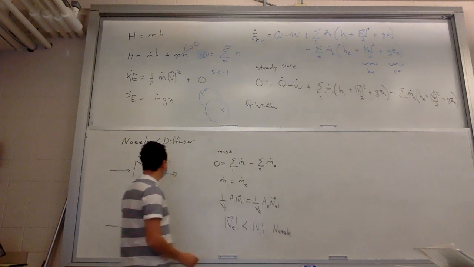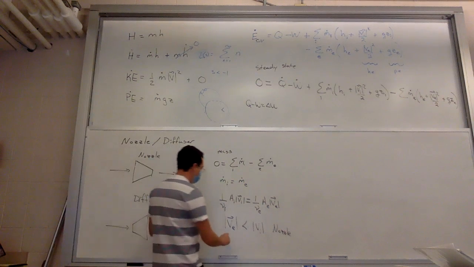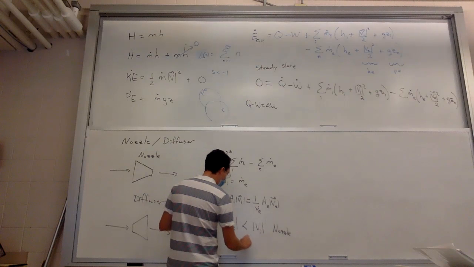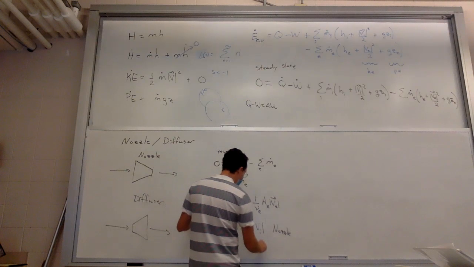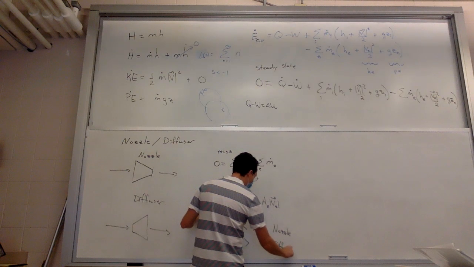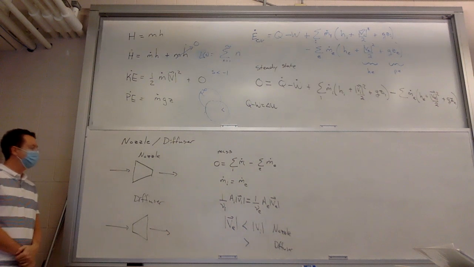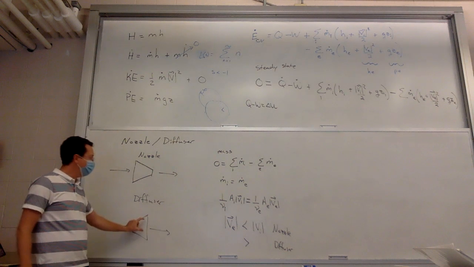And what about a diffuser? It's just reversed, right? Should the exit velocity be greater than the initial, or should it be smaller? On a diffuser, the area grows.